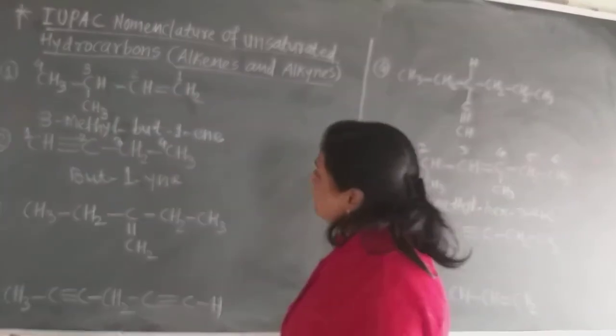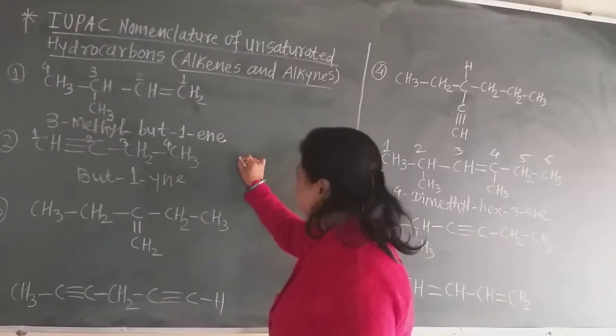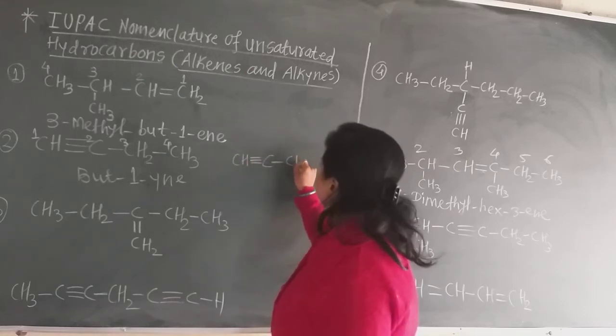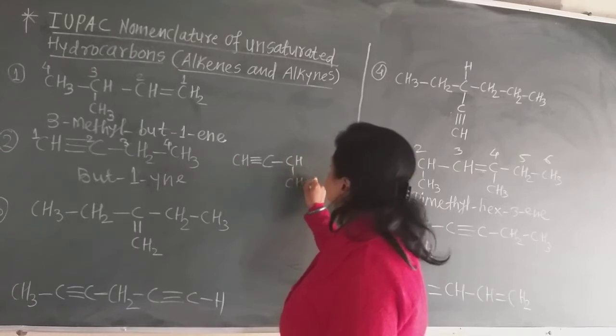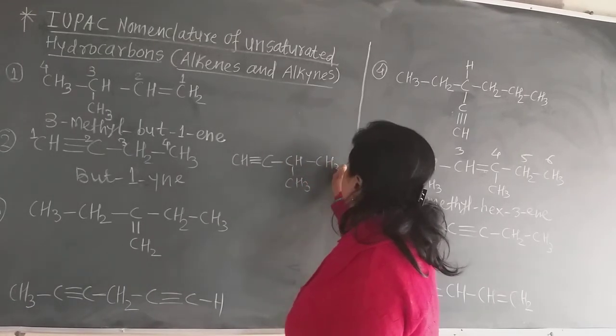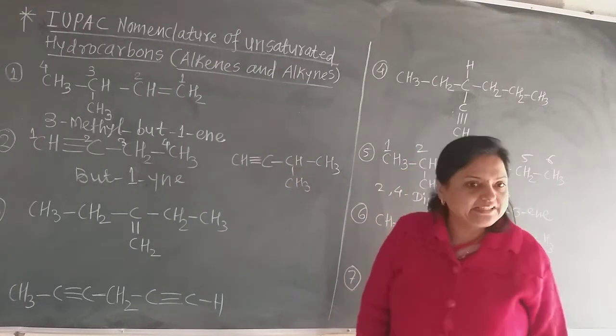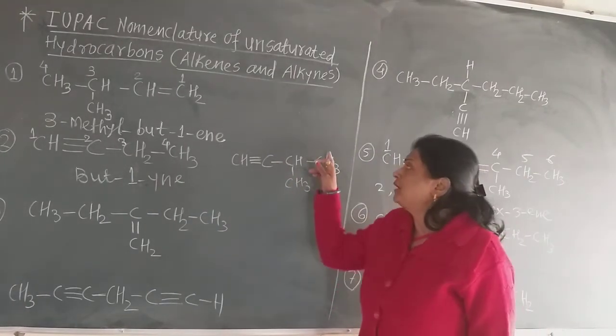Suppose this compound is in this way. Okay, CH triple bond C, CH, CH3, CH3. Now one hydrogen from the third carbon is replaced by this methyl group. Then do not number from this side.